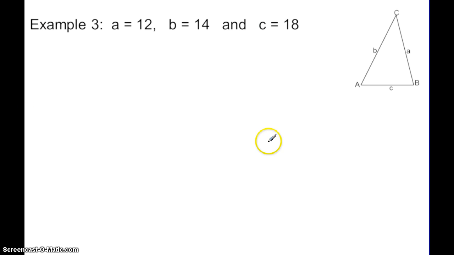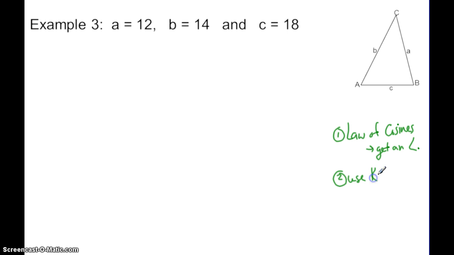I can either, one, use the law of cosines to find an angle, and then use my formula, or I actually have another formula I can use, and that's what I'm going to show you here.